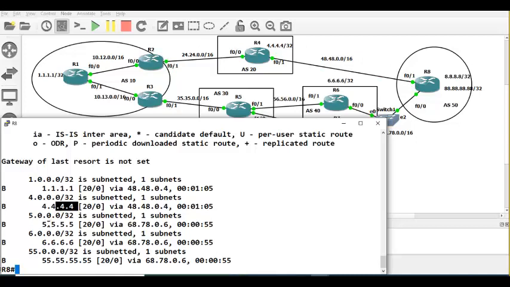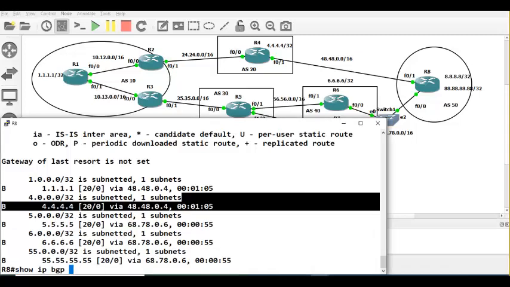Whereas for the 5 network, it has taken 6 as the path. The reason is just 2 hops. Likewise 6.6.6.6 and 5.5.5.5. Going back to the BGP command, show IP BGP.